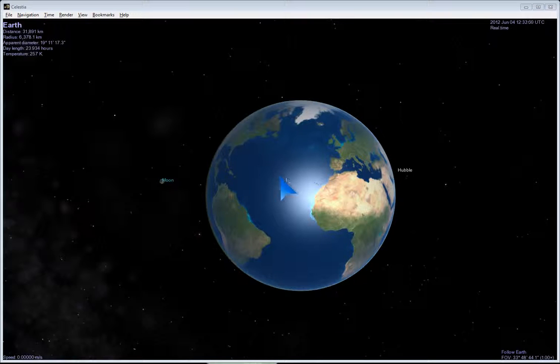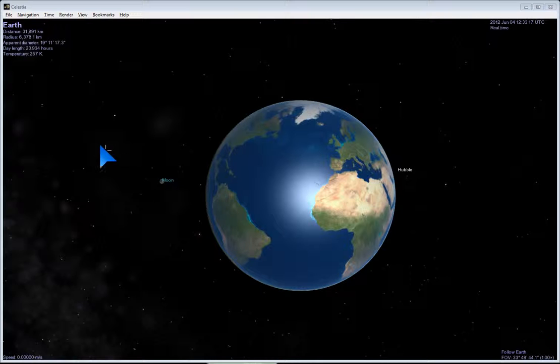The reason is that right now it's about 10 p.m. Australian Eastern Time. So Australia is on the other side of the Earth and at night.